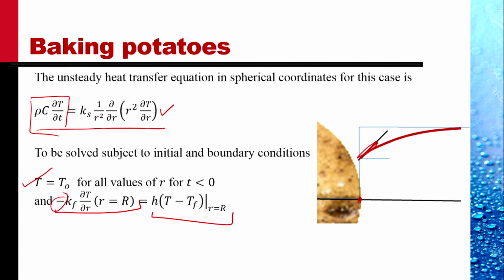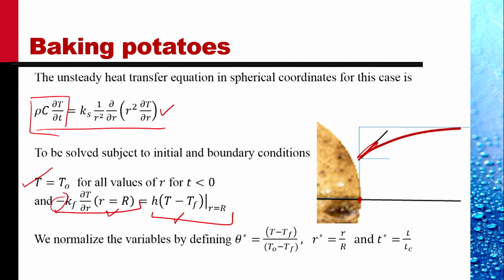This is the convective flux. The conductive flux at the surface is equal to the convective flux. Or, I'll say that sentence again, the conductive flux is equal to the convective flux.